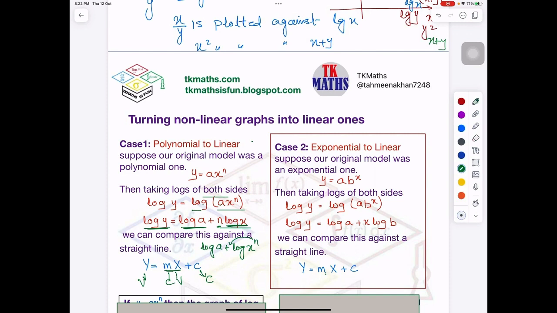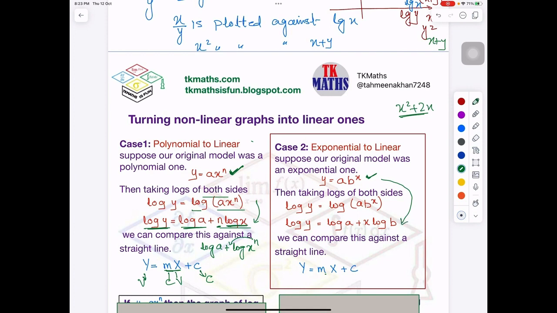See here, in this one x is in the power, and here x is not in the power, rather a constant is in the power. Just like you write x square plus 2x, these are polynomial. So that's why case one is polynomial, and we are changing it into linear form. Similarly, we will convert the exponential into linear form.